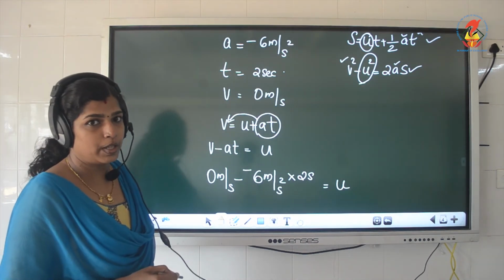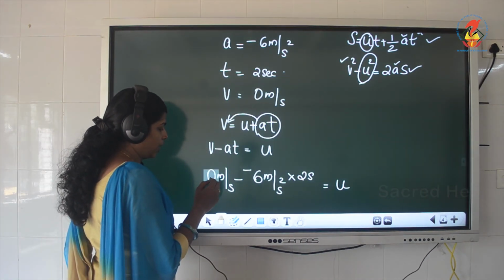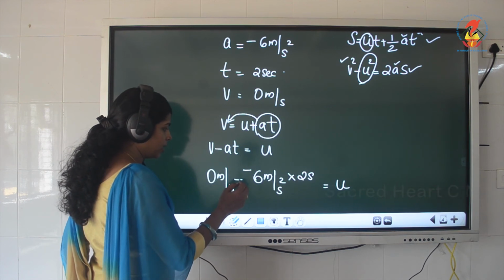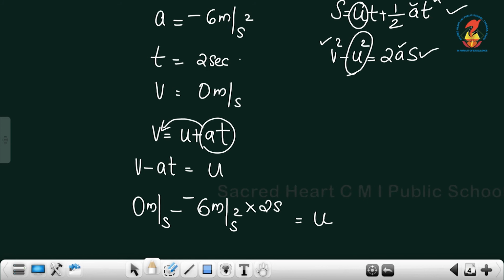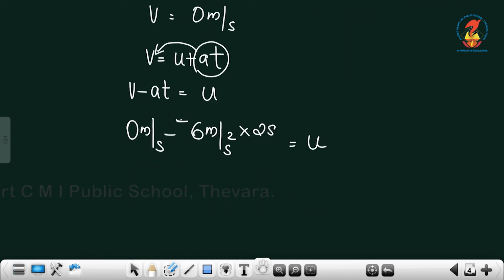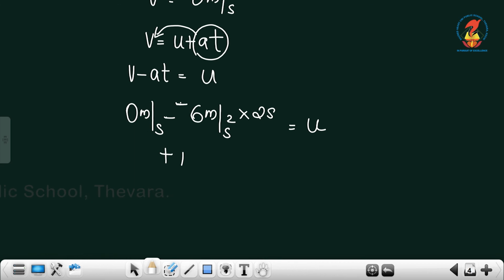In which way did I substitute? v is 0 meter per second minus 6, because acceleration is already negative here. So, minus 6. Minus into minus is positive, so plus 12.